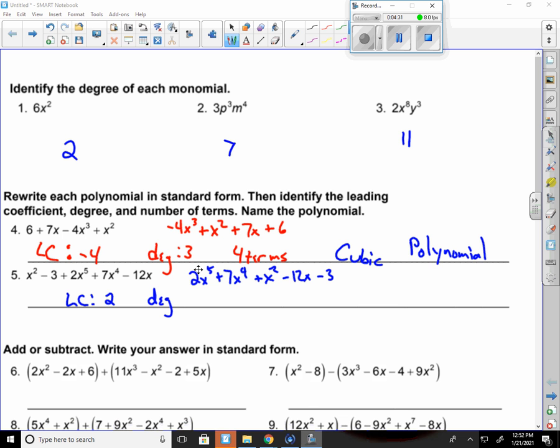My degree is the highest exponent, which is 5. There are 1, 2, 3, 4, 5 terms. And because it's more than 3 terms, we know it's going to be just a polynomial. And then it's a degree of 5, which makes it a quintic polynomial.